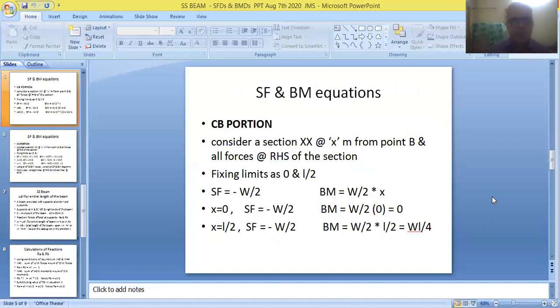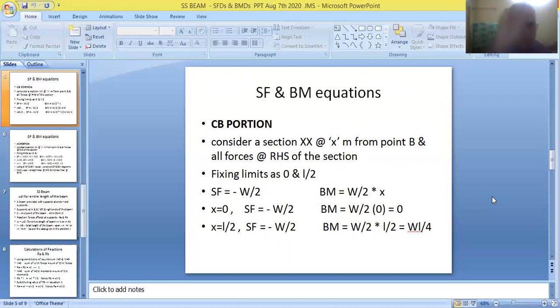Now, friends, we are going to write equations, and ultimately we have to prepare SF and BM equations. As I've already told you in the beginning of the class, we have to consider a section XX at a distance of X meter from point B, and we have to consider all the forces acting on the right hand side of the section.